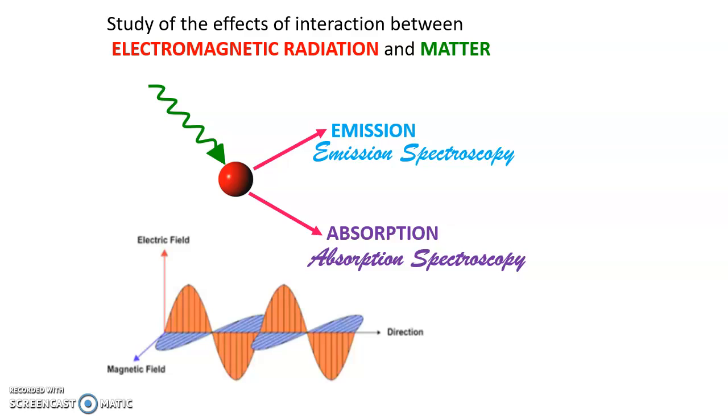Now, we know that the energy of the electromagnetic radiation is quantized. So when there is absorption, that also must be quantized. Let's see how it is and what the quantity is.